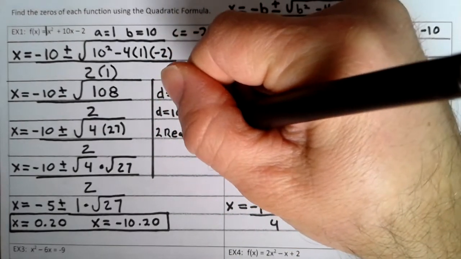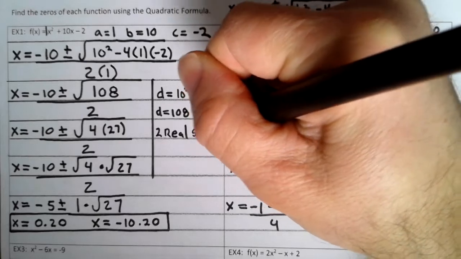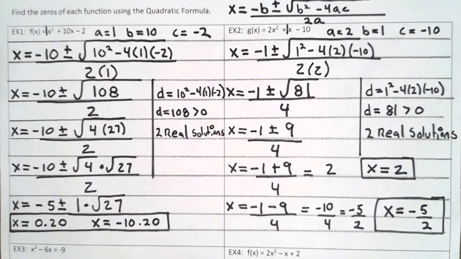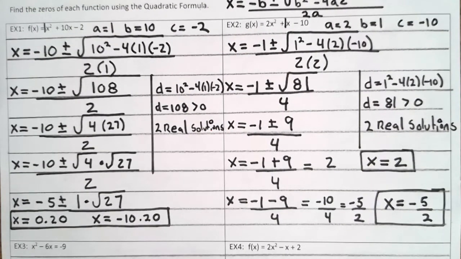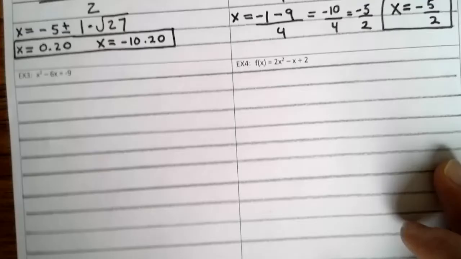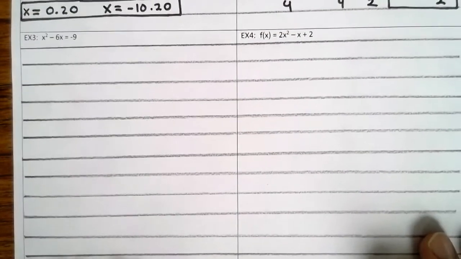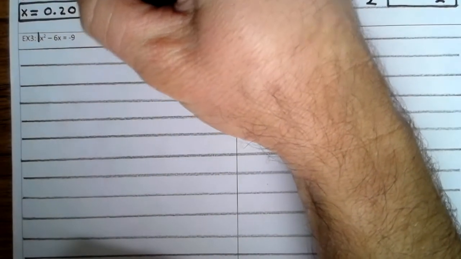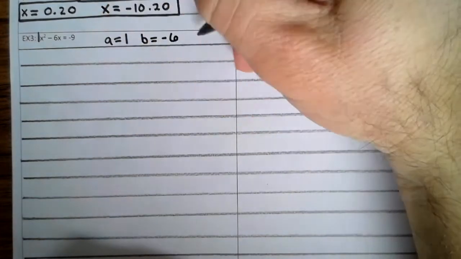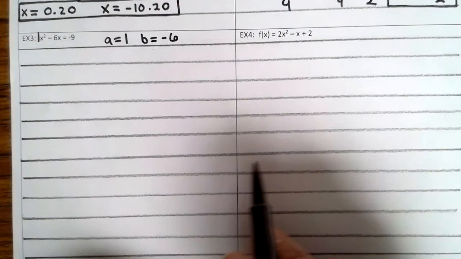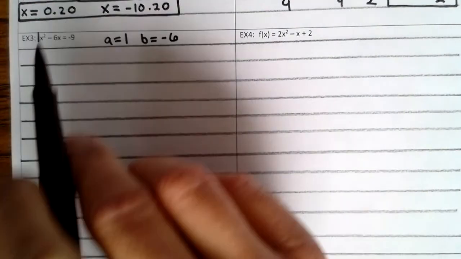All right, so now let's take a look at example 3. First thing, put a 1 in front of the x squared. So a equals 1, b equals -6, c. Now wait a second. Notice that the -9 is on the right side. Well, you can't do the quadratic formula with the a, b, and c values unless all the values are on the left or right side.